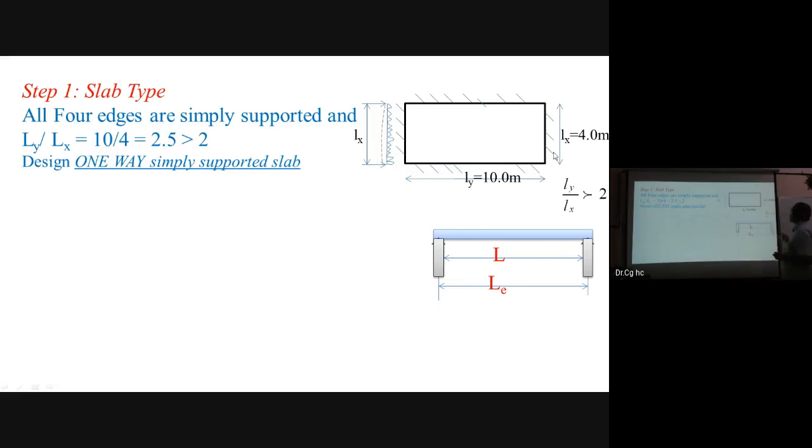It is greater than 2. Therefore, it is one-way slab. ನಾವು ಹೇಳಿದ್ವಿ ಸ್ಲ್ಯಾಬ್ ಅನ್ನ ಅನಲೈಸ್ ಮಾಡುವಾಗ one-way slab or two-way slab ಅಂದ್ರೆ ಏನು, ಅದಕ್ಕೆ ಏನು ಡಿಫರೆನ್ಸ್ ಇದೆ ಅನ್ನೋದ್ರ ಬಗ್ಗೆ ನಾವು ಮಾತಾಡಿದ್ದೀವಿ. According to that, now this is one-way slab. Therefore, we design this as one-way simply supported slab.